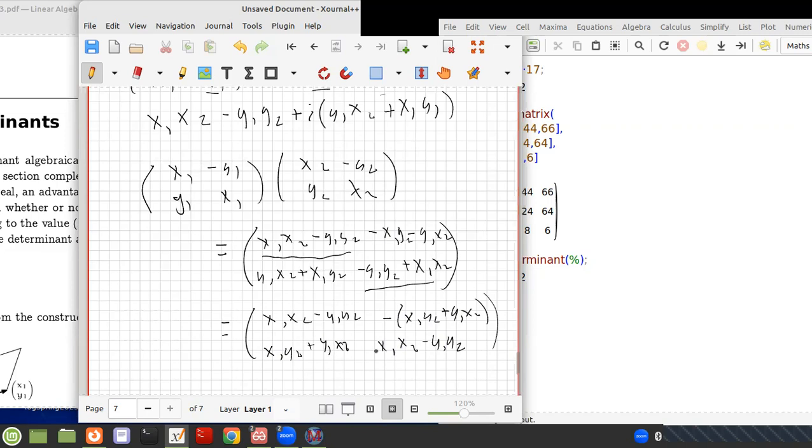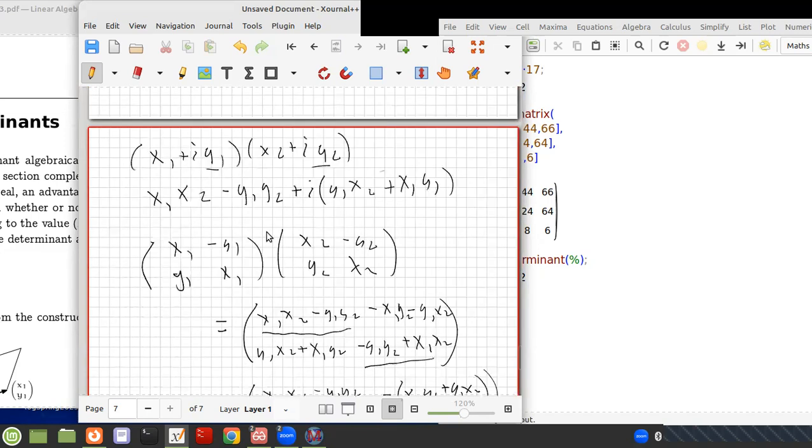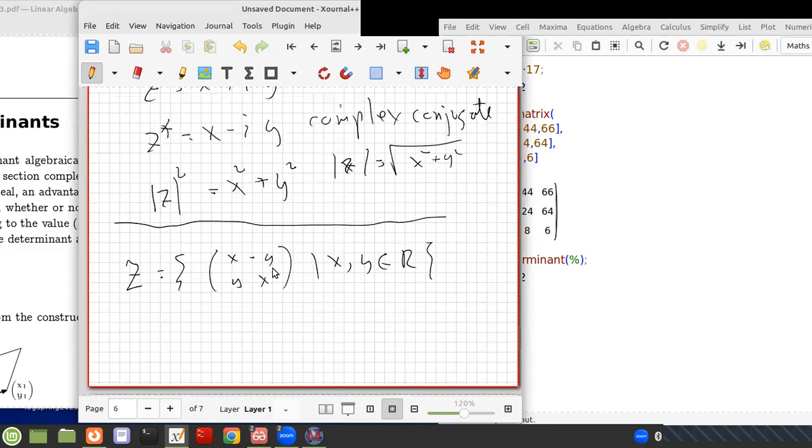So this is of the same form. This is the nice thing: if I take matrices of this form and matrix multiply them, they're exactly the same form. And I don't think this happens for any other matrices of any sizes. This is what makes the complex numbers possible.